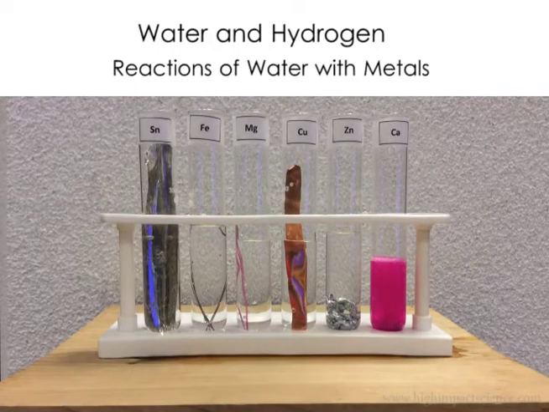The reaction is already evident in calcium. The solution turns pink, indicating it's alkaline. Magnesium is also showing some signs of a reaction. For the others, nothing much can be seen.